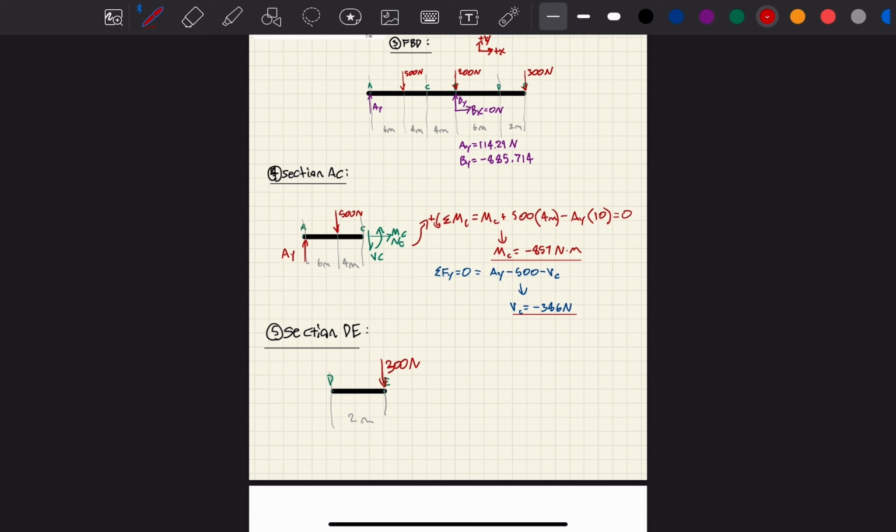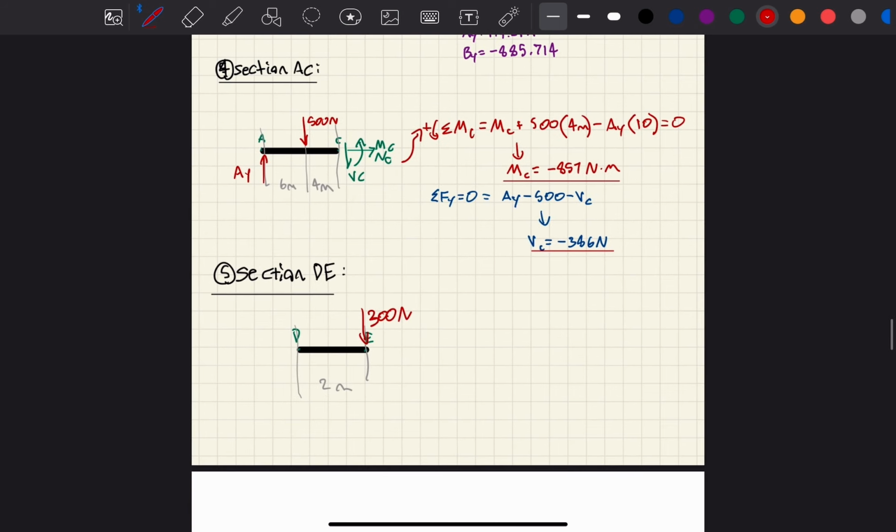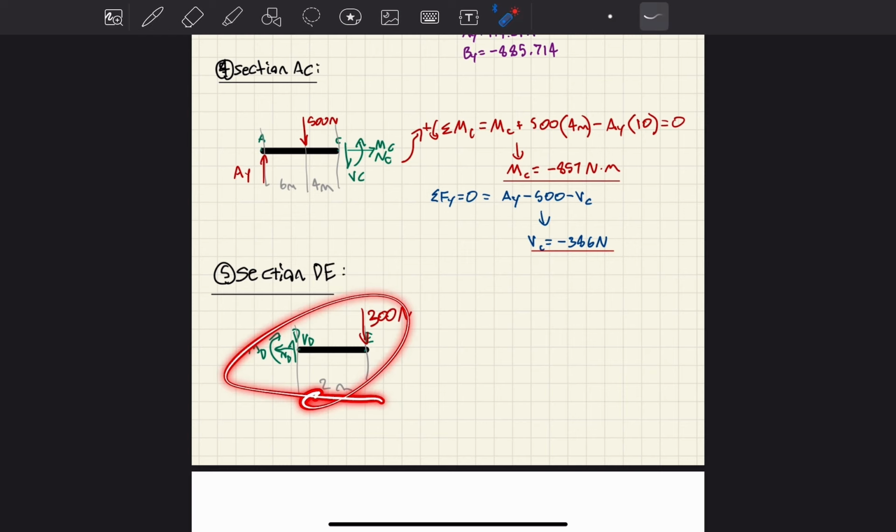Again, when we cut a beam, it's going to be M and V. So you have MD, ND, and VD. Sorry, that's a bit crowded, but again, ND is automatically 0. We don't have any other forces in the X direction.